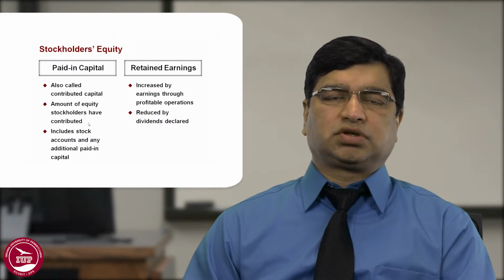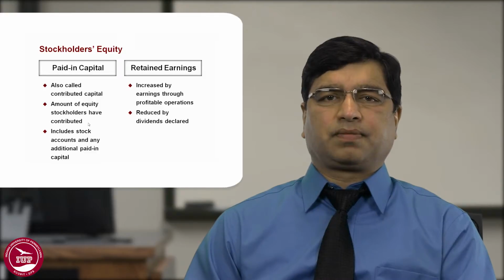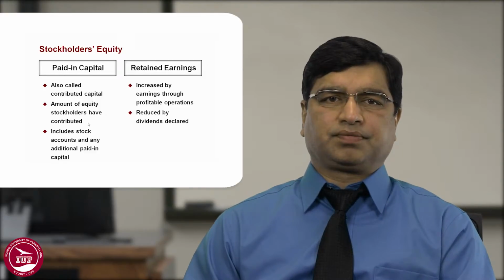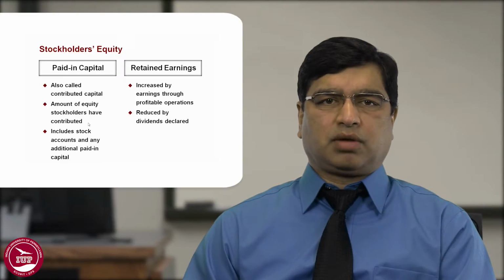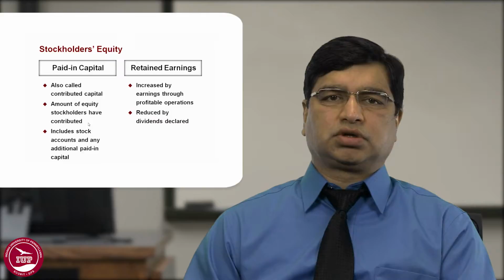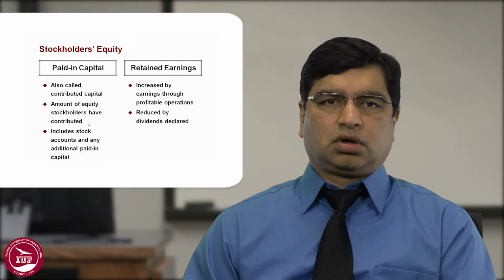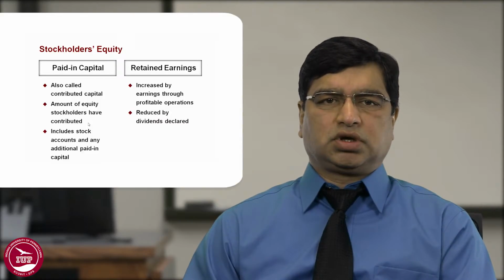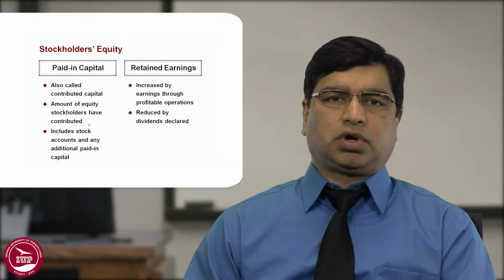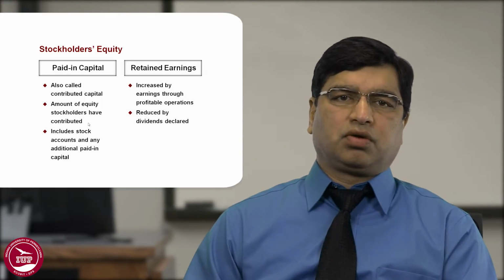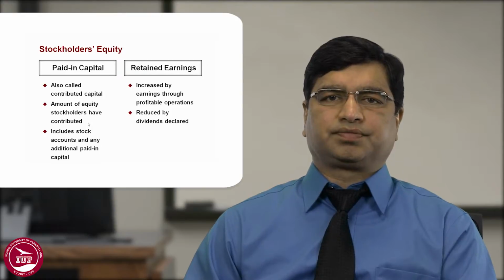Stockholders' equity consists of two parts, the paid-in capital and the retained earnings. Paid-in capital is also called the contributed capital, and this is the amount which the shareholders contribute. It includes the stock accounts and any additional paid-in capital. We'll talk about the additional paid-in capital a little bit later.